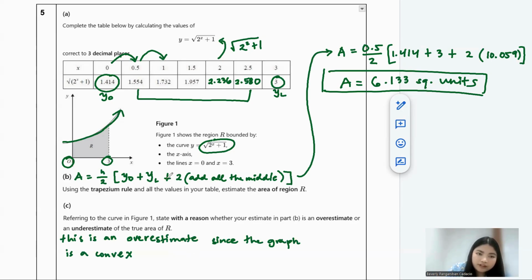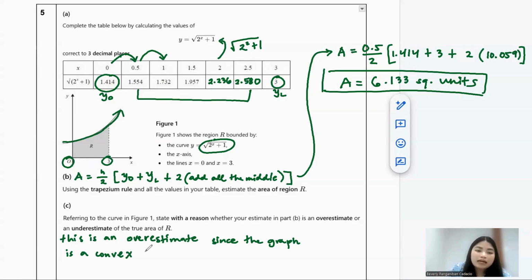If it's a happy face, it will be an overestimate. And take note that when you draw straight lines between points to form trapeziums, these lines lie above the actual curve. Therefore, the area of those strips or trapeziums will be slightly larger than the area under the curve.